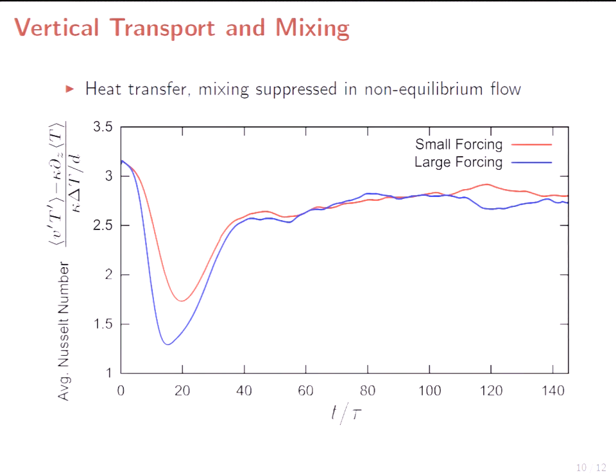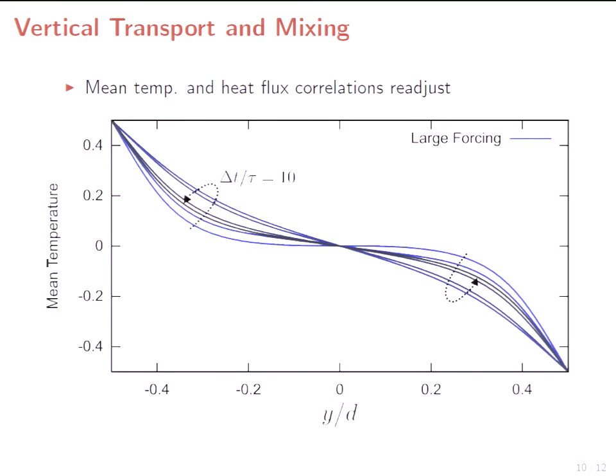Okay, and so of course, if you have a larger forcing, you can bring this heat transfer down further, and this is shown here. So in, say, an atmospheric case, each of these lines is separated by 10 units of time, and this corresponds roughly to about 200 seconds, or a few minutes, of time in an atmospheric flow.